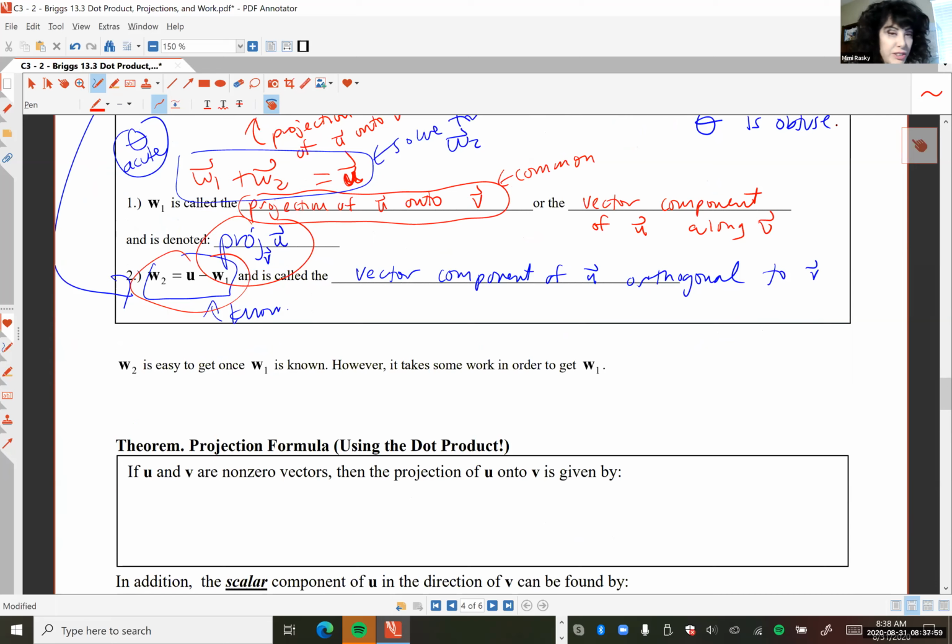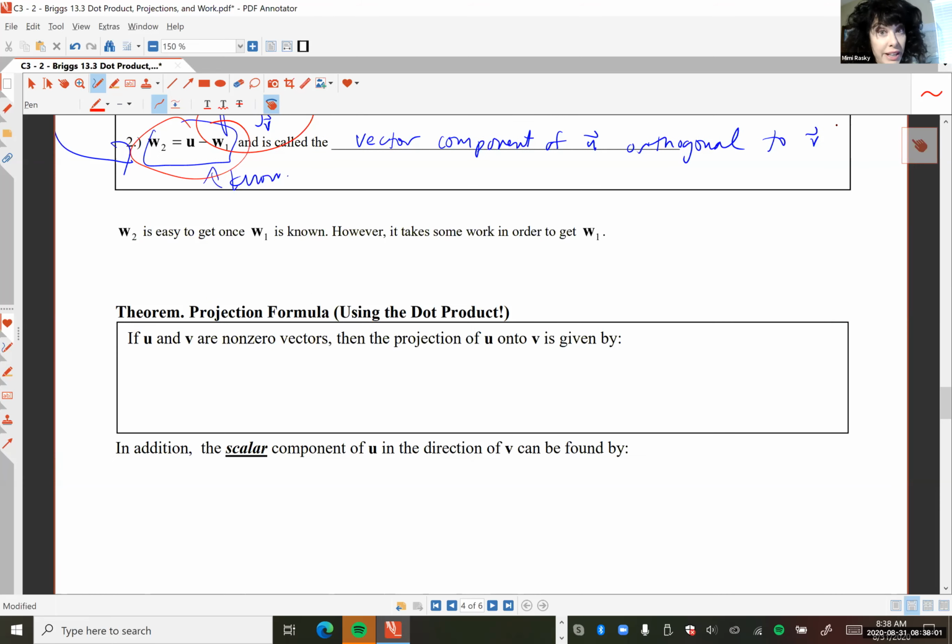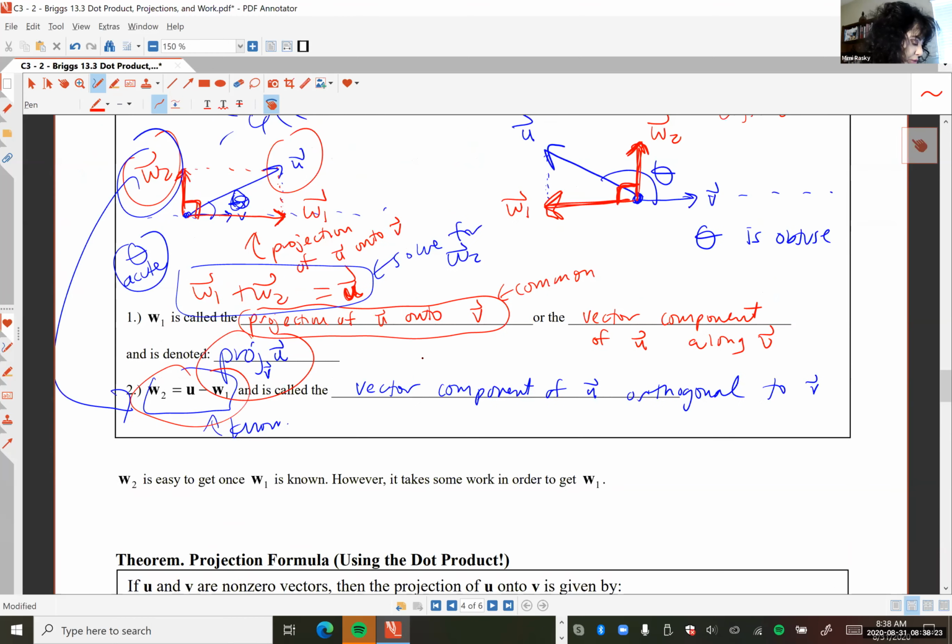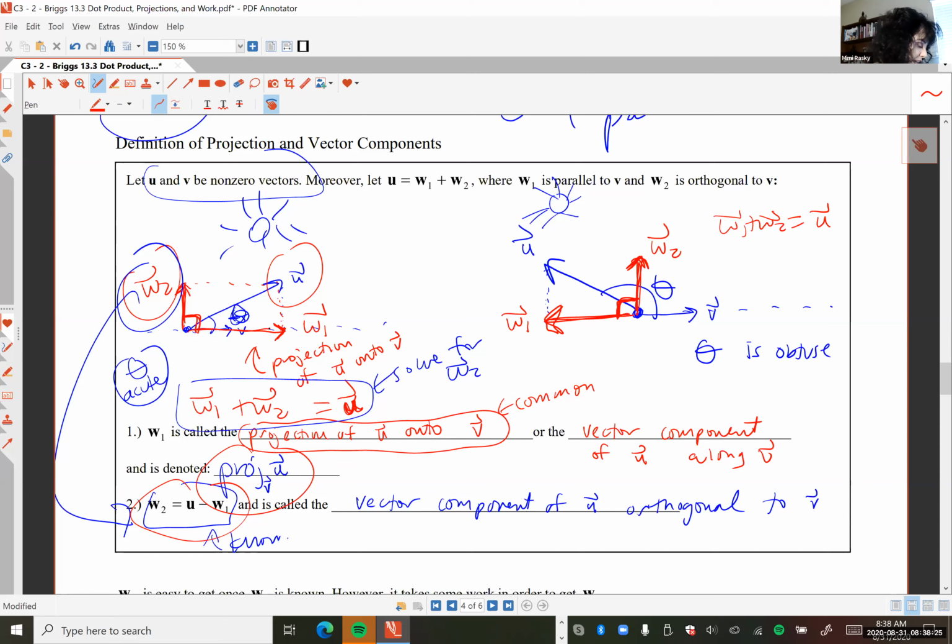And now I haven't told you how to get the projection, and now I'm going to. And you're probably not going to like it because it looks kind of complicated. Okay, so here's the big formula, people. Drum roll. The projection of U onto V is, now before I give you the whole thing, I do want to say, looking at my two pictures here, this projected vector is parallel to V, whether it's pointing in the same direction or the opposite.